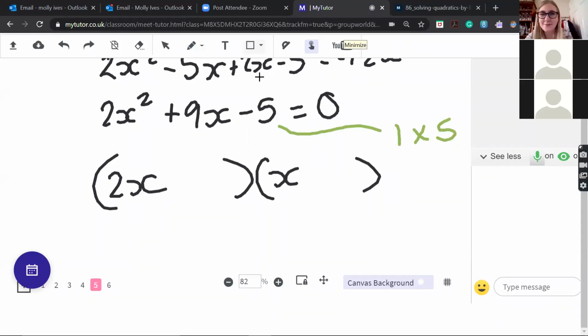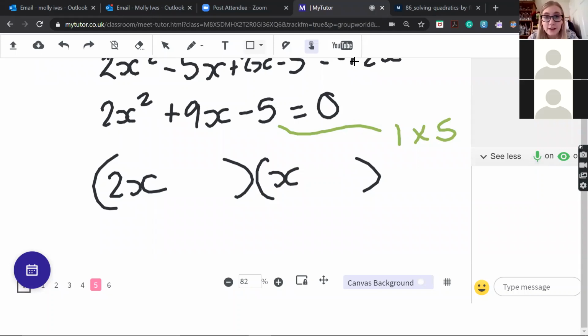Answer that for what you want next week. We can be smart about what we put in. Because we want a plus 9x, we know that we're going to need something quite big. If we had the plus 5 here, then whether we add or minus the 1, it's only an add or minus 2, so it's not going to work. I'm just going to see in the chat if anybody's got it. You have to multiply 2 by 5.